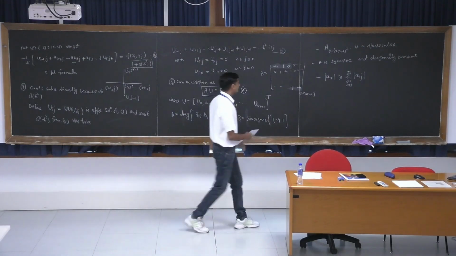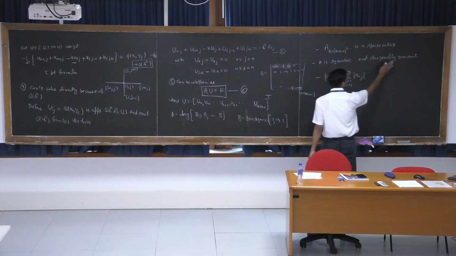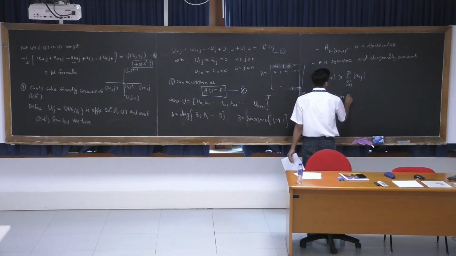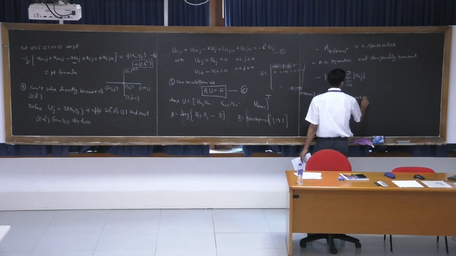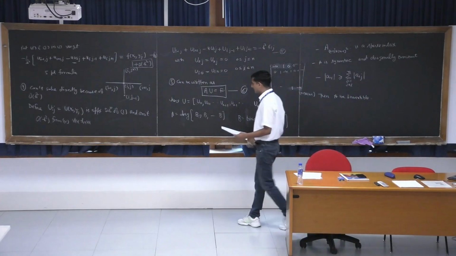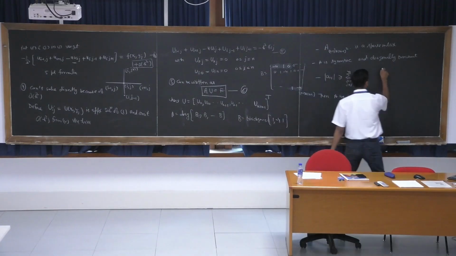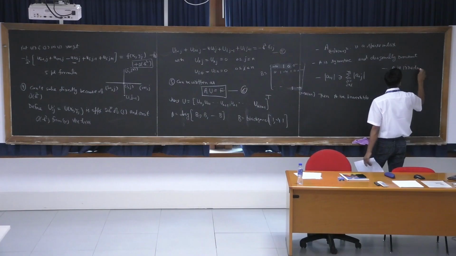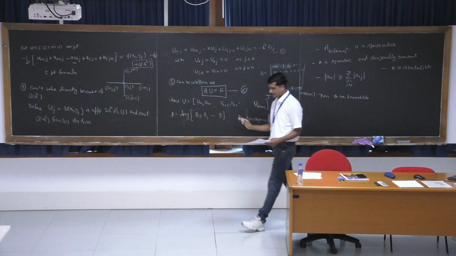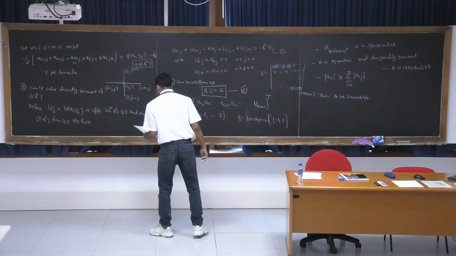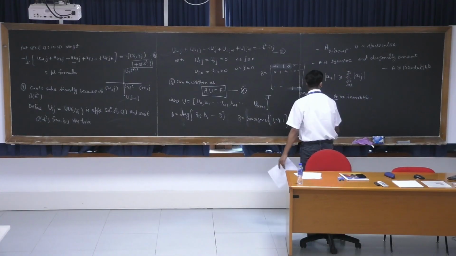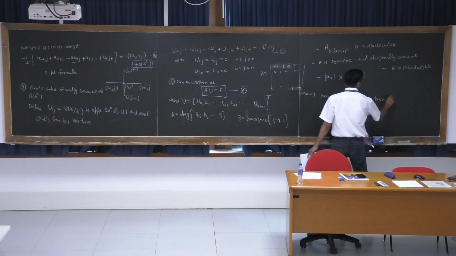Our A matrix is symmetric and diagonally dominant, and one more property A has: A is irreducible. A is irreducible, symmetric, and diagonally dominant, so the inverse of A will exist. It is invertible.